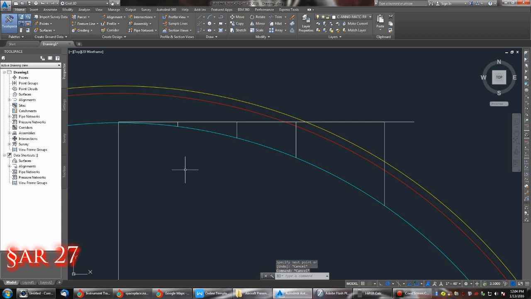Now I'm going to take a linear dimension here, and I'm going to show you just how much curvature we're dealing with in just a few hours of flying.